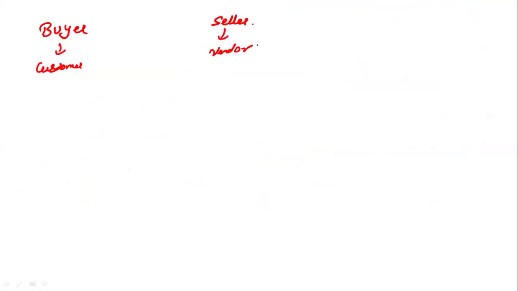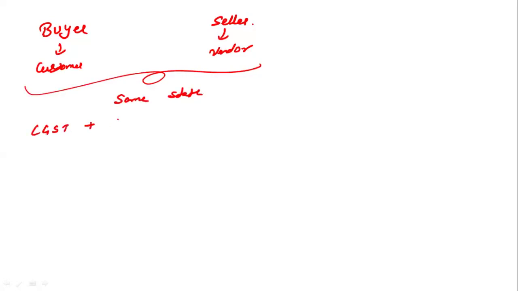So if both the buyer and the seller are in the same state, then the tax components which are going to come into picture are CGST plus SGST. Both these tax components come into picture when you're buying within the state.